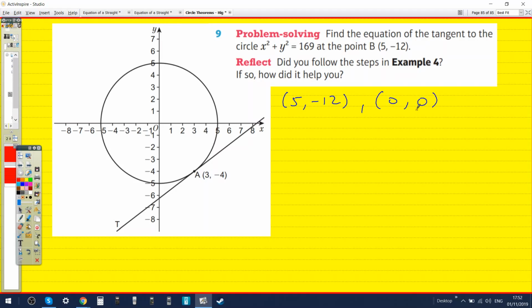And then y would have to be 5 minus 0, which is 5, and minus 12 minus 0, which is minus 12, is x. So 5 over minus 12, so minus 5/12. 5 is the x, minus 12 is the y. Minus 12/5, sorry.